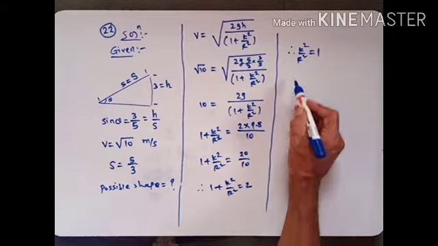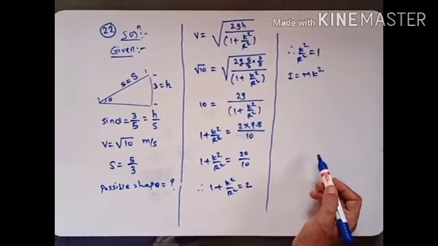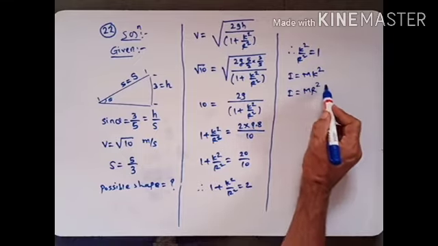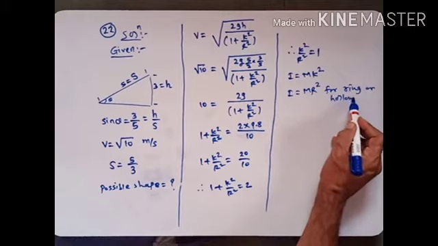Now you know I equal to mk square for any body, and I equal to mr square for ring or hollow cylinder, hollow sphere.